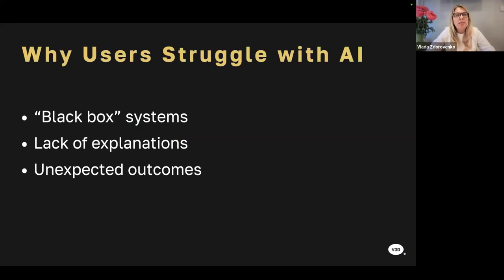And it's not always needed to understand everything, because sometimes AI can provide things that you are not expecting, and that's good as well. But in user experience, this lack of explanation can increase anxiety, can reduce trust in the system, and it can also lead to unexpected outcomes.